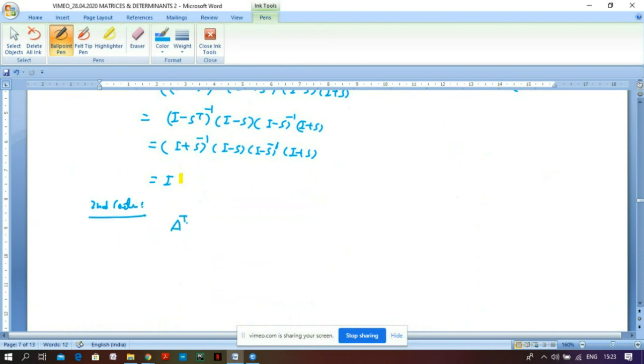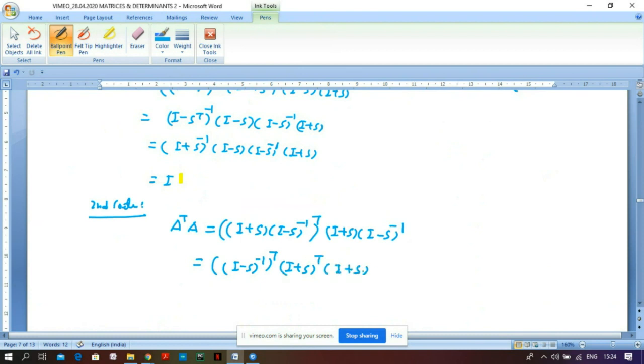is like this. Let's form A transpose A. Now A is I plus S times I minus S inverse, transposed, times A, so I plus S, I minus S inverse. Now again, same thing that we did, we can change this one first, AB transpose. So I can write here I minus S inverse transpose and I plus S transpose, I plus S, I minus S inverse.